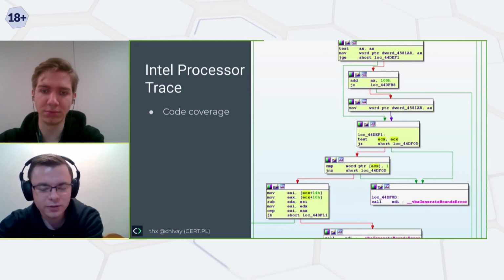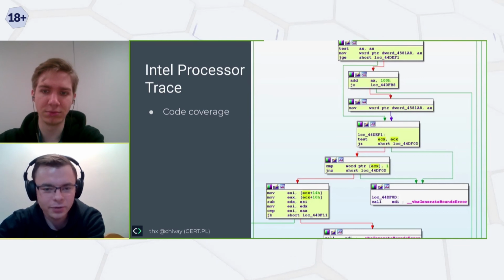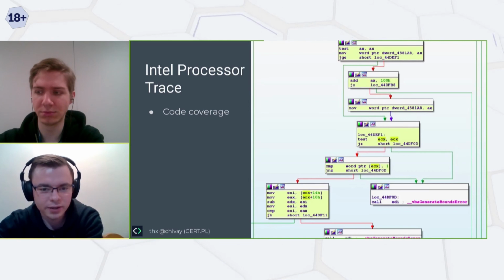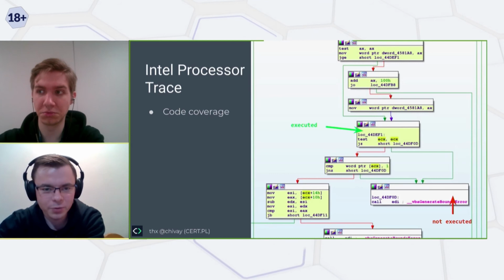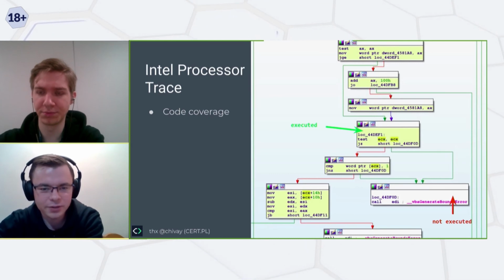Then we could just take this metadata, parse it, and we see what branches were taken during the execution of the malware and what were not. These are the ones denoted with yellow color. So the arrows show what was executed and what was actually not executed.